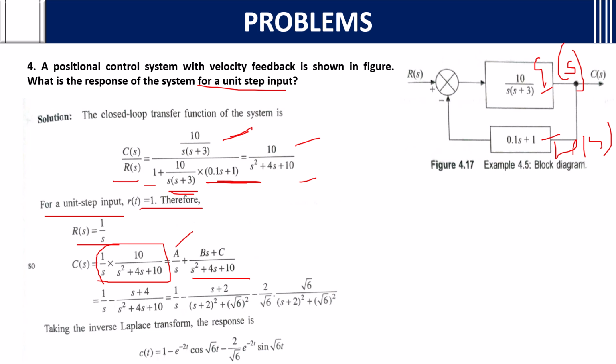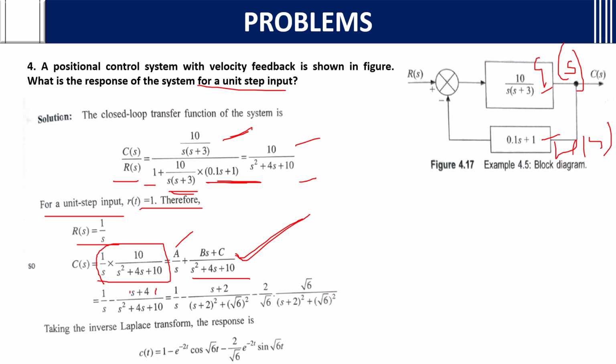Then 1 by s minus (s plus 4) by (s square plus 4s plus 10) will come as the value. If you calculate this, you will get the a, b and c values. Okay, the b value is 1, a value is 1, and c value is 4. If you calculate this based on the partial fraction, you will get this.